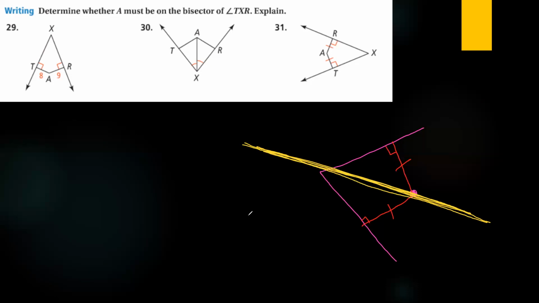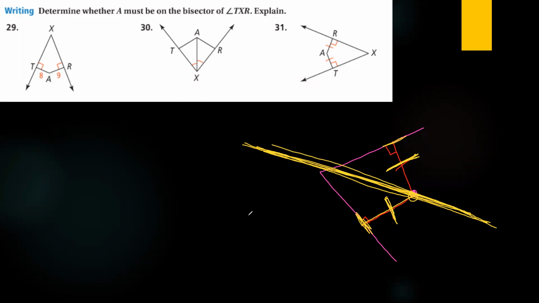So how can I know if point A is on the bisector or not? I will see if the distance from this point to the side of the angle is equal to the distance from that point to the second side. If they are equal, I will say yes, the bisector passes through this point.